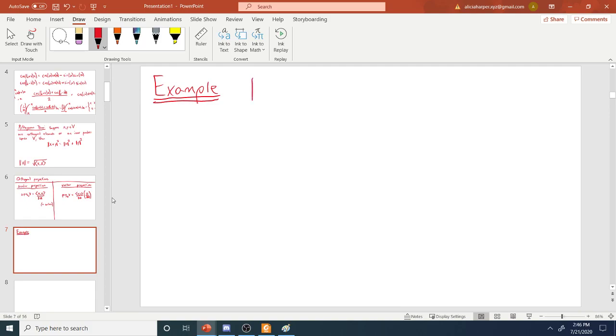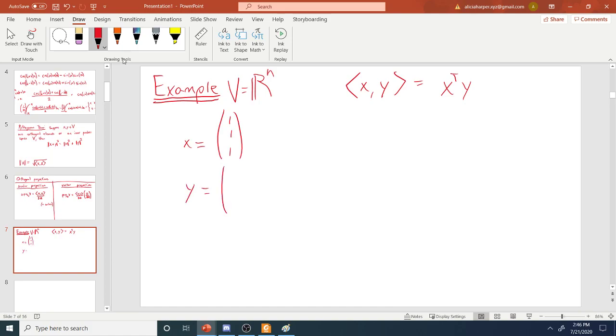So here is an example. We're going to take V to be Rn, and our inner product of x and y is going to be the standard scalar inner product. Let me write it as a column vector: x is equal to the column vector 1, 1, 1, and y is equal to the column vector 1, negative 1, negative 1.